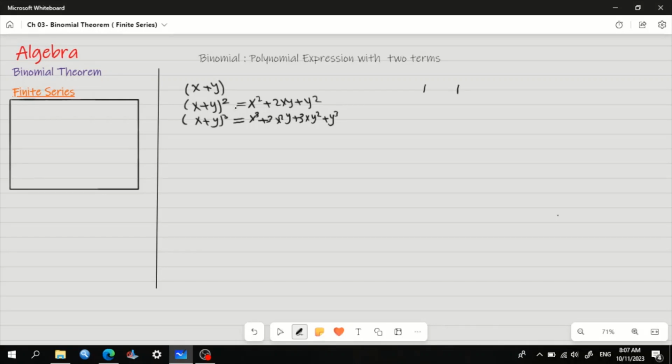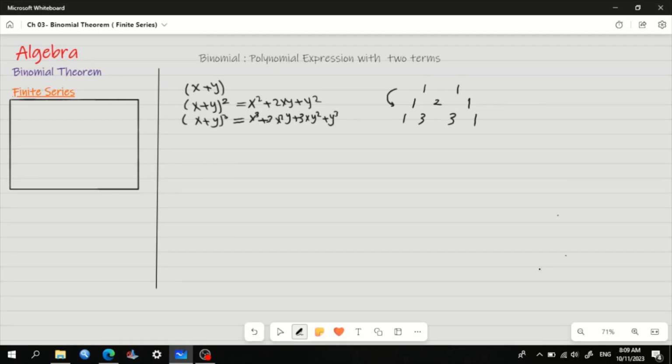Here the coefficient of x squared is 1, the next term is 2, and the next term is 1. Again, in the last bracket here, the first term has coefficient 1, the next has 3 and 3, and the last one has 1.